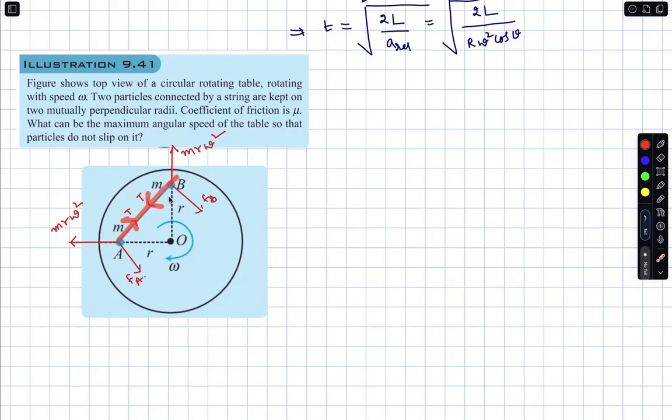Our question started with equilibrium. With respect to an observer here, you want to see that they are in equilibrium without slipping. That means the resultant of these two must be balanced by a friction like this. So the frictional force needs to act like this. Now till this point, any doubt? Anika, are we clear?